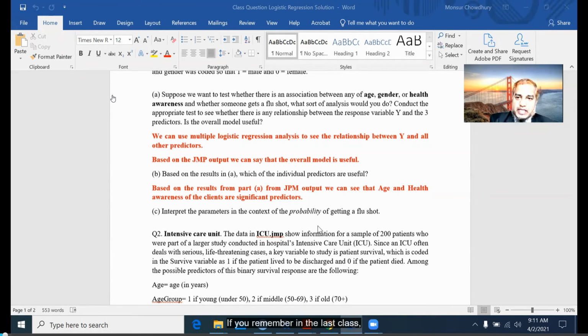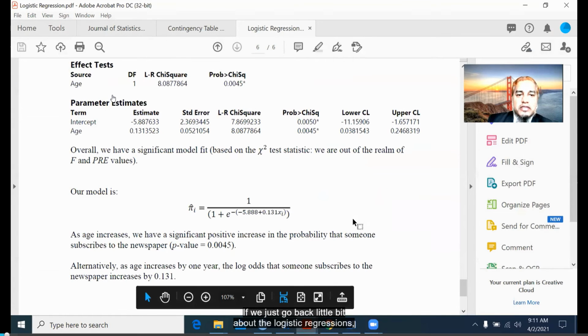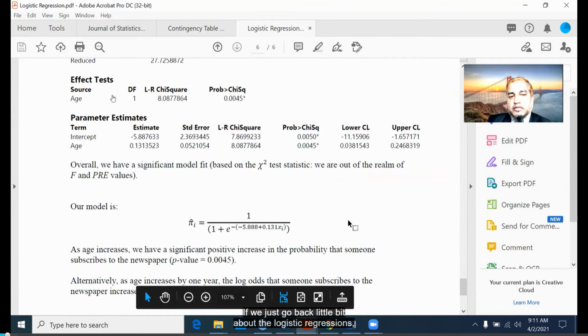So if you remember, in the last class we finished the logistic regressions. If we go back a little bit about the logistic regressions, I want to mention two things.